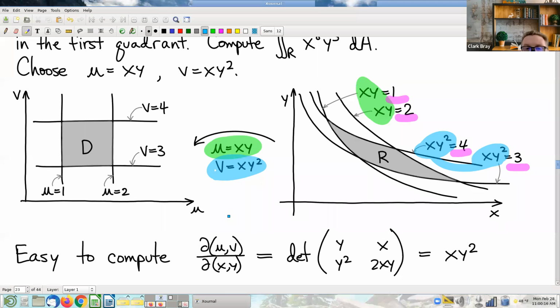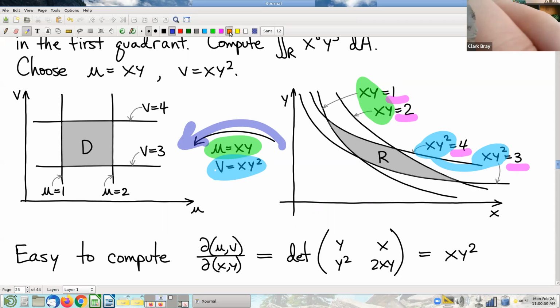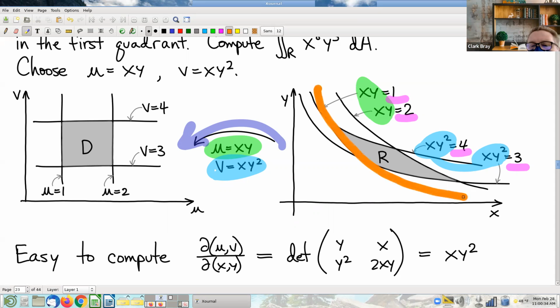If I choose to define my function by letting U and V be the things set equal to constant on the boundary of my domain over here, then let's think about what the various curves are over here. What does that curve look like over here in the UV plane? Well, that orange curve there is where XY equals 1, but XY is U. So over here, it's the curve where U is equal to 1.